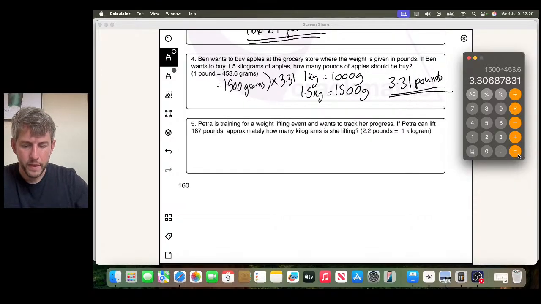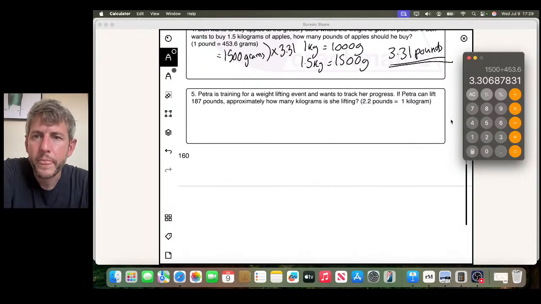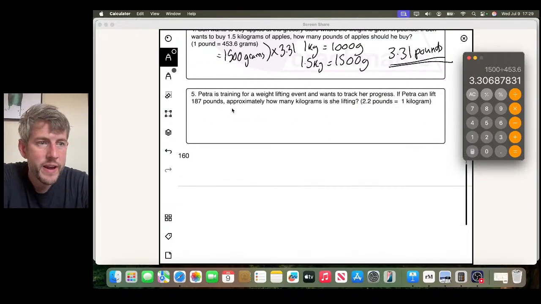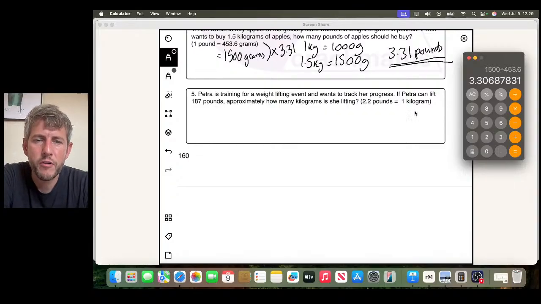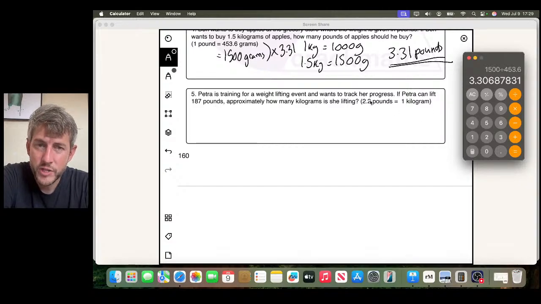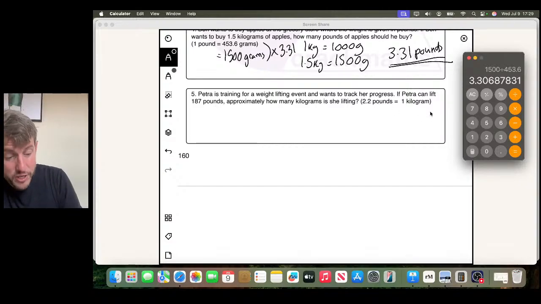Okie dokie, right. Question 5 we've got here. Petra is training for a weightlifting event and she wants to track her progress. If Petra can lift 187 pounds, approximately how many kilograms is she lifting? If 2.2 pounds is 1 kilogram, so we want to get up to 187 pounds.